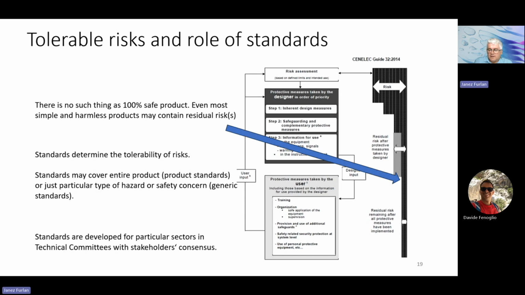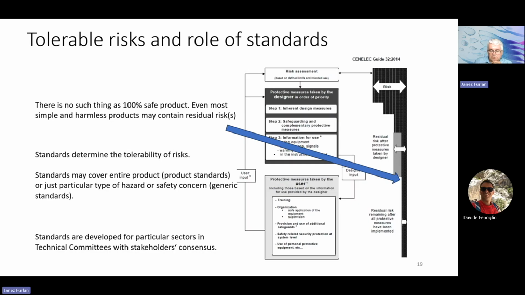We mentioned already several times that the acceptability of risk is coded into the standards. In Europe, they are called harmonized standards. Some standards are developed for an entire product group or for a specific product type. For example, for the kitchen machine or hair dryer, there is a product standard. But many times products are very unique, one-off, innovative.